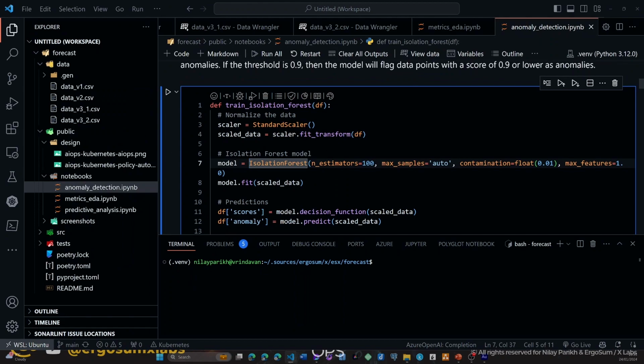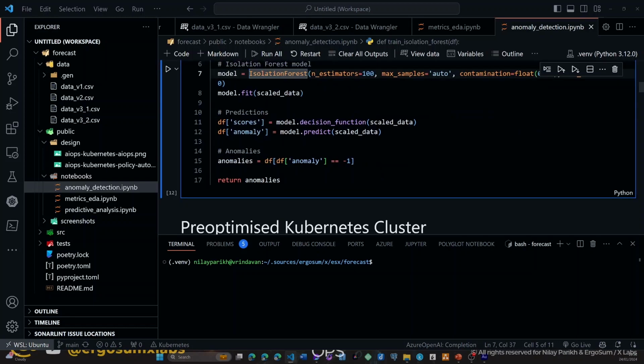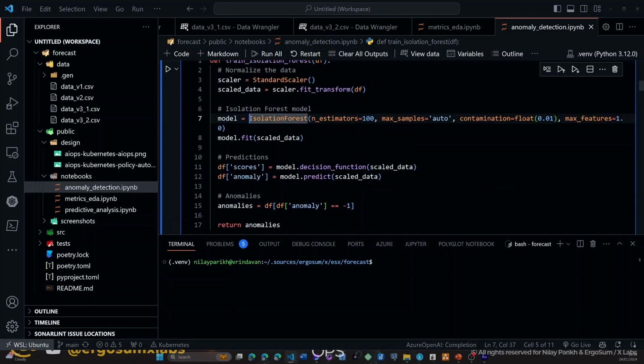This approach isolates anomalies instead of profiling normal data points, making it highly effective in diverse environments. While isolation forest is the primary experiment and the algorithm of our choice for this particular demonstration and series, there are much more powerful algorithms that can be employed as well, like DBSCAN, k-means, and autoencoders.